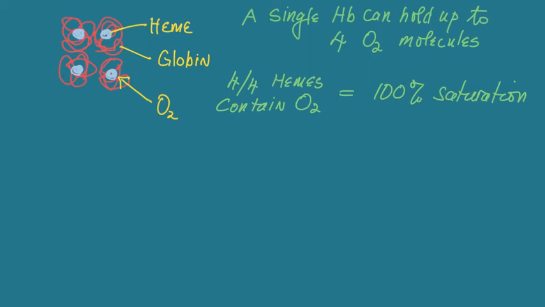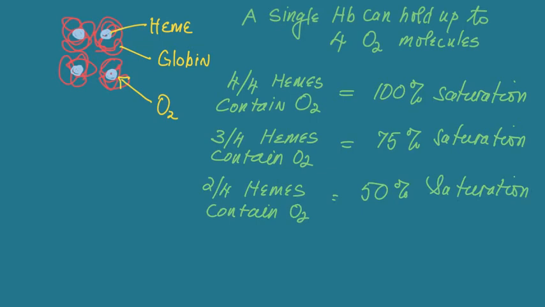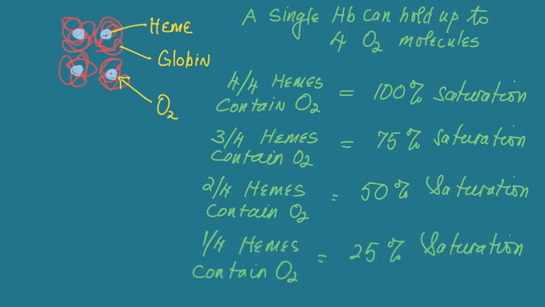If 3 out of 4 hemes are occupied with oxygen, it is 75% saturated. If 2 out of 4 hemes contain oxygen, the hemoglobin is 50% saturated. If only 1 out of the 4 hemes binds oxygen, it is 25% saturated.